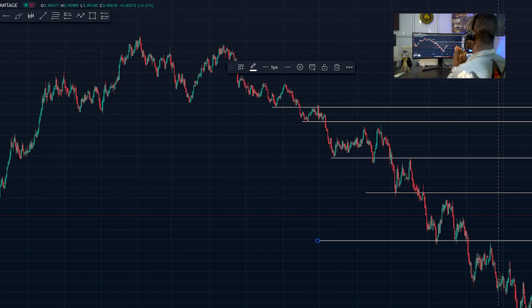So even me, I look mostly for trending markets. I barely look into ranging markets. So when you launch your chart, you look out for the current market structure. If it is a downtrend market, be marking out the turning points.